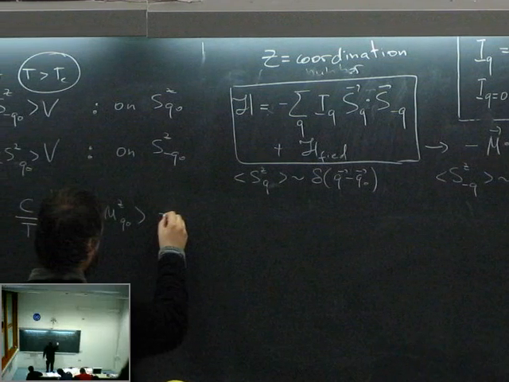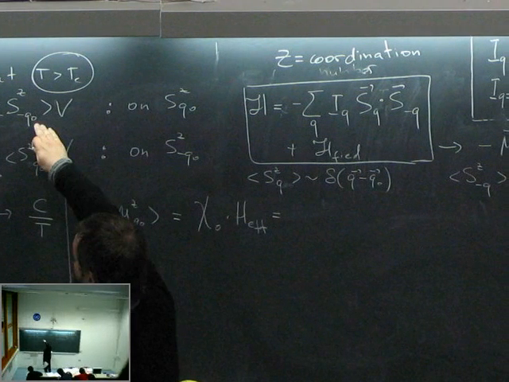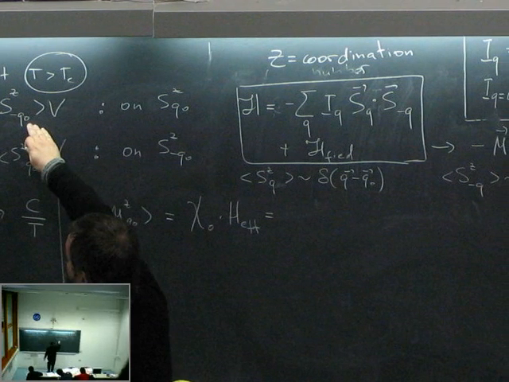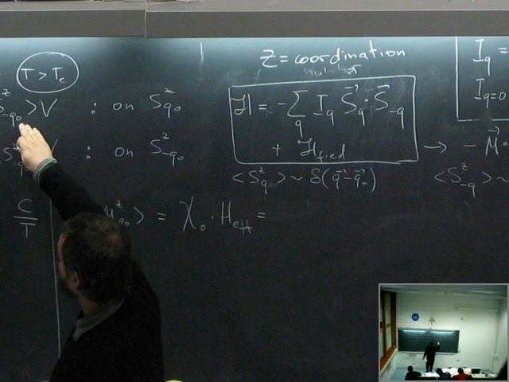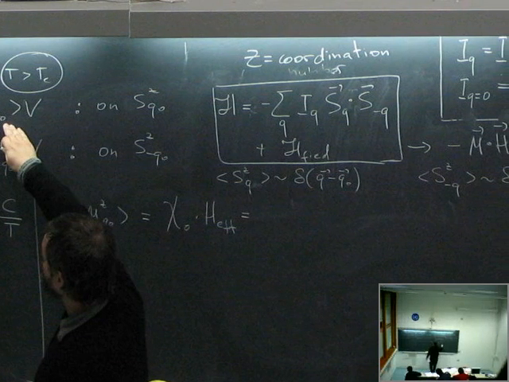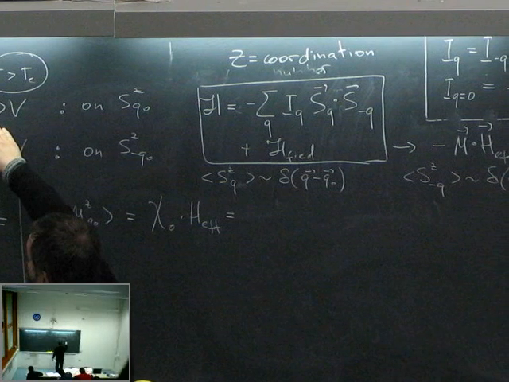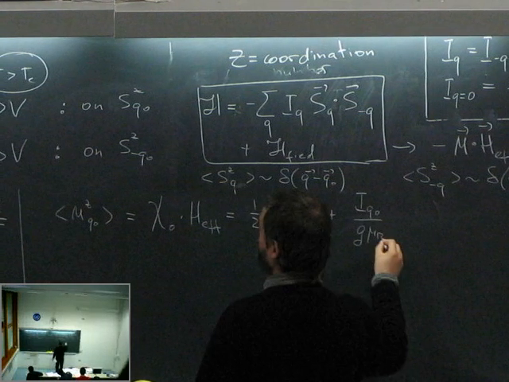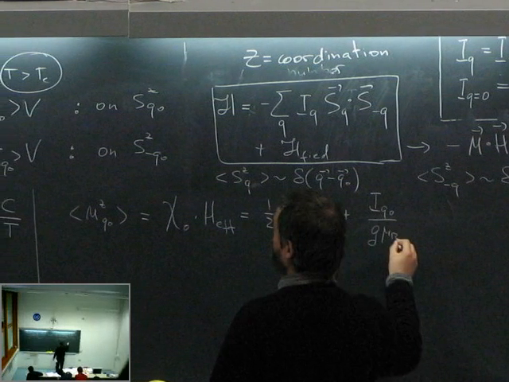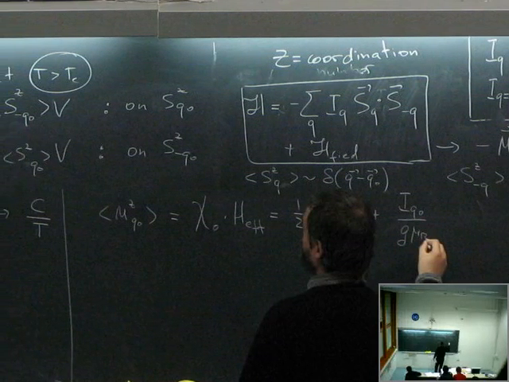Since I am talking about Q0, it is equal to 1/2 chi_0 [hV plus I(Q0) over g μ_B S^z_{-Q0} V].